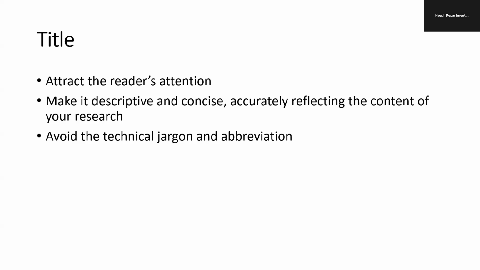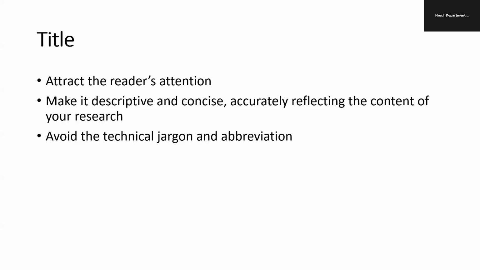Then, when we are deciding our title, we should make sure that it reflects the content of our research. Let's take this kind of title, Impact of Integrated Reporting on Financial Performance. Right.